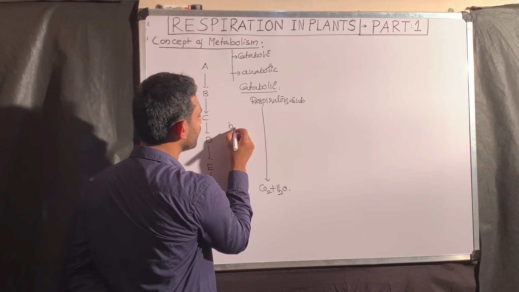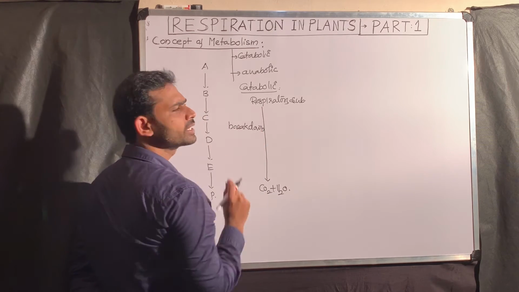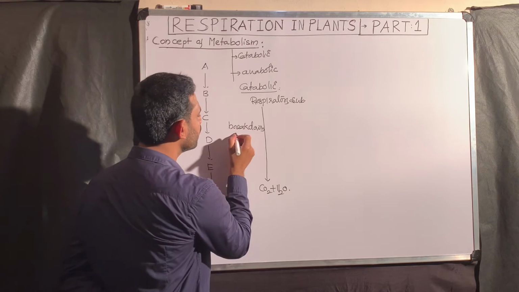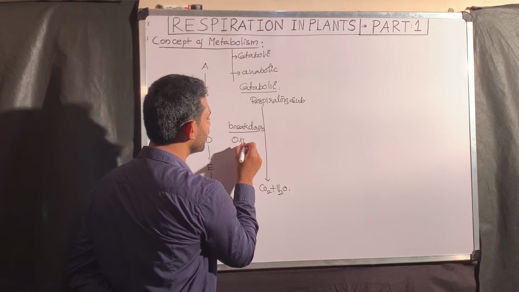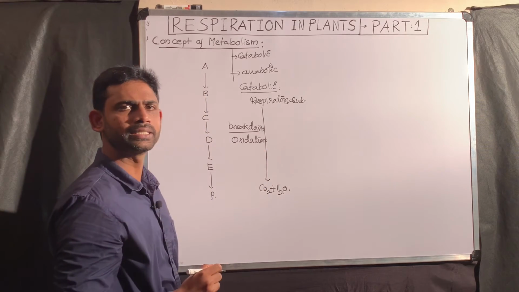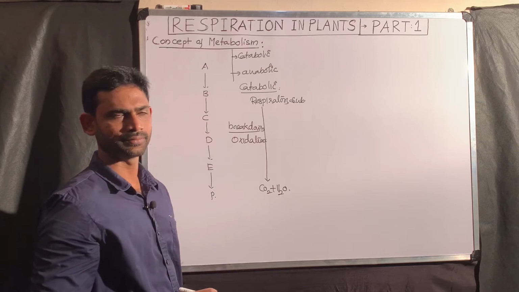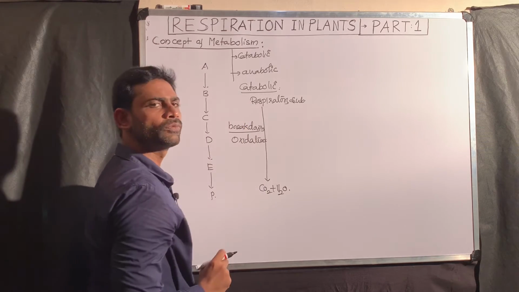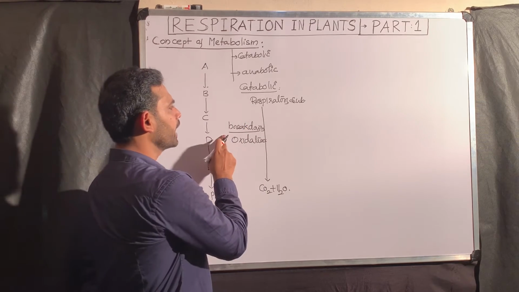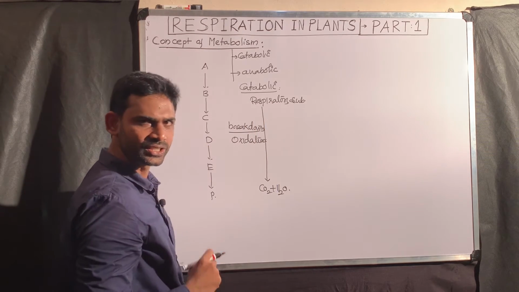The catabolic pathway involves the breakdown of respiratory substances by means of oxidation, because we belong to aerobic organisms. That is why catabolism is always by oxidation. That is why the catabolic pathway is defined as the breakdown of respiratory substances by means of oxidation.